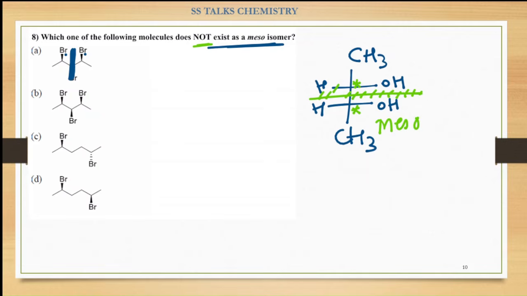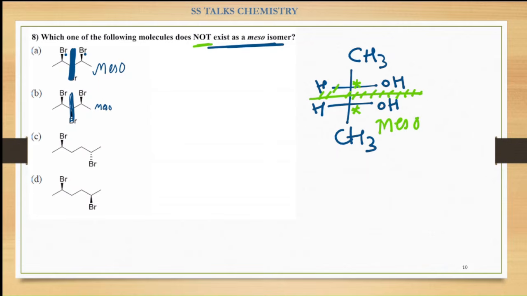So this plane is present there, and this is my meso compound. Next molecule, again from this particular carbon center you can pass the plane of symmetry. Both of the bromine atoms will be reflecting each other. So this is your meso compound.